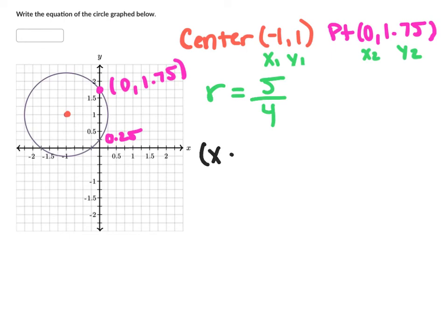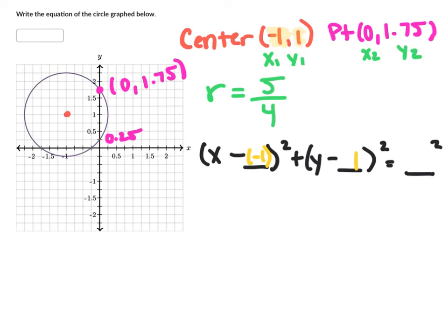So we have x minus the blank squared plus y minus the blank squared equals the blank squared. If I substitute, the x-coordinate of the center is -1, so minus -1. The y-coordinate of the center is 1, so it's minus 1. And then the radius is a value of 5 over 4.